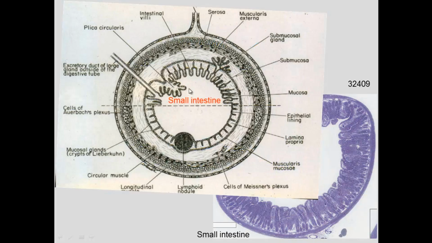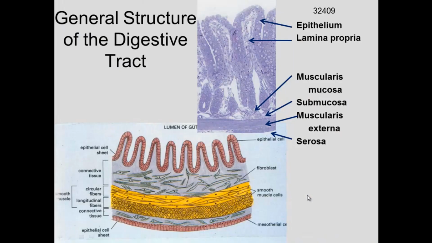Actually, this is the small intestines in here, which has villi. There are no villi in the large intestine. This is small intestine in here, and we can see intestinal villi projecting up through there. But we see the muscularis externa right in through there. The little small line is the muscularis mucosa, submucosa below it, and that epithelium and lamina propria make the mucosa.